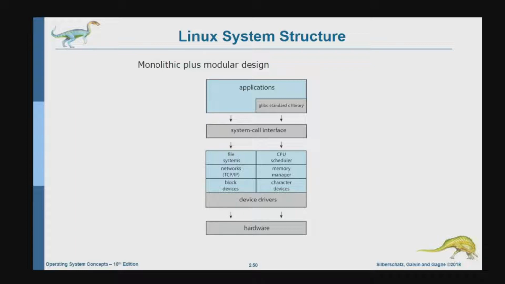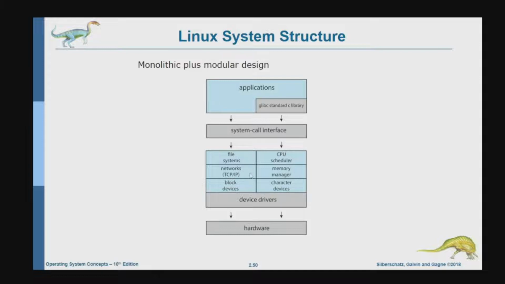Next is the Linux system structure, a monolithic plus modular design. It looks like this. We have the application programs and the library. The application with the library interacts with the system call interface. The system call provides the services.